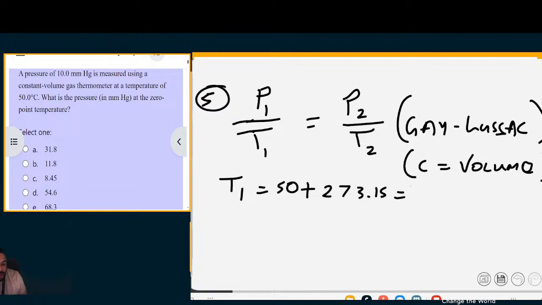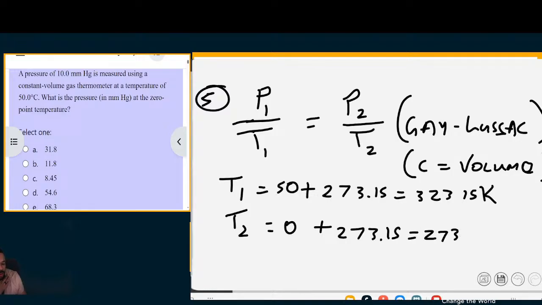That will give you your initial temperature in kelvins. That's 323 if I'm not mistaken. I don't do the stuff on the calculator, that you can do yourself. Just follow the method. The temperature at the end will be at 0 degrees Celsius, plus 273.15, which is just 273.15 Kelvin. So we have the initial temperature, we have the final temperature.